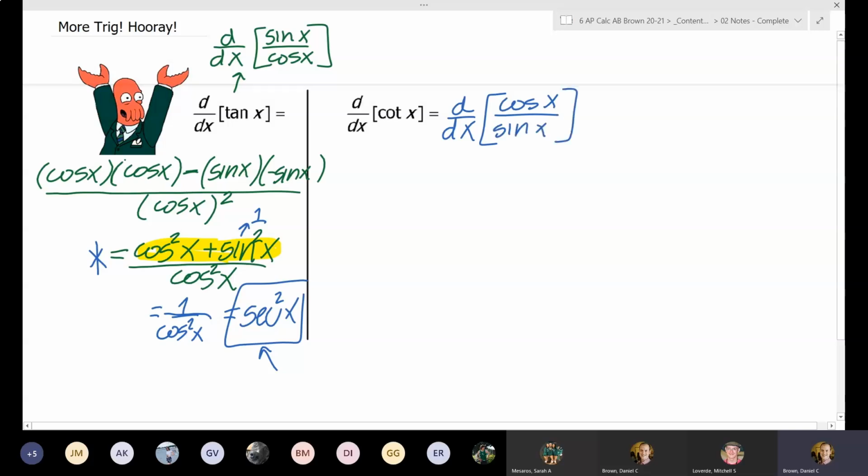Go ahead and take the derivative of cotangent using the quotient rule, and then see if you can simplify it to figure out a new rule for the derivative of cotangent. You have low d high less high d low. Draw the line, and down below, the bottom squared will go.